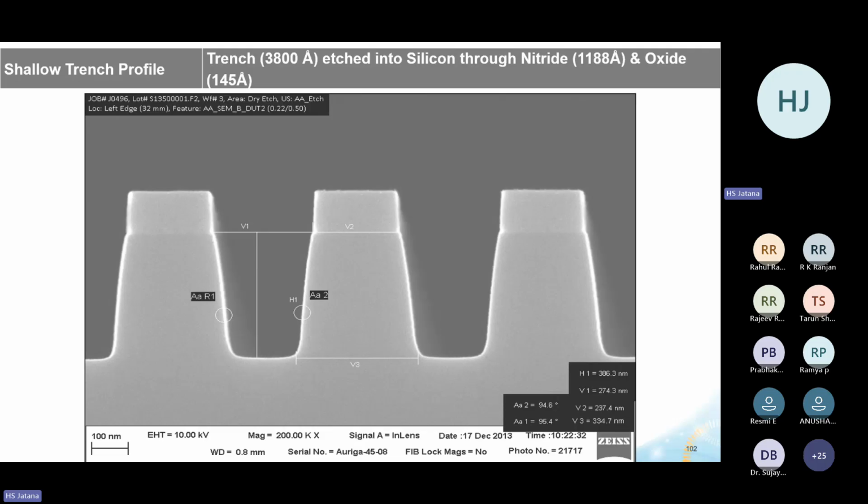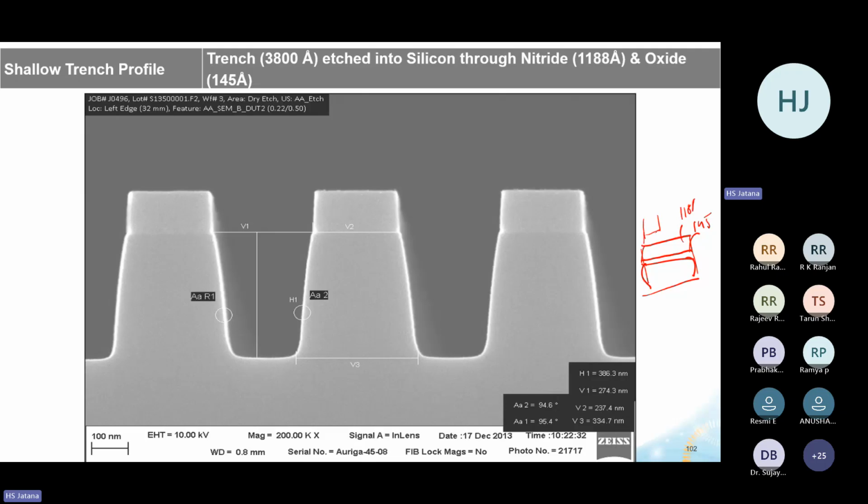So how do we do it first? You start with the wafer, and you grow an oxide layer which is around 145 angstrom, and on top of it you grow a nitride layer which is close to 1188 angstrom. Then you define this pattern, where it will be etched, through a mask.